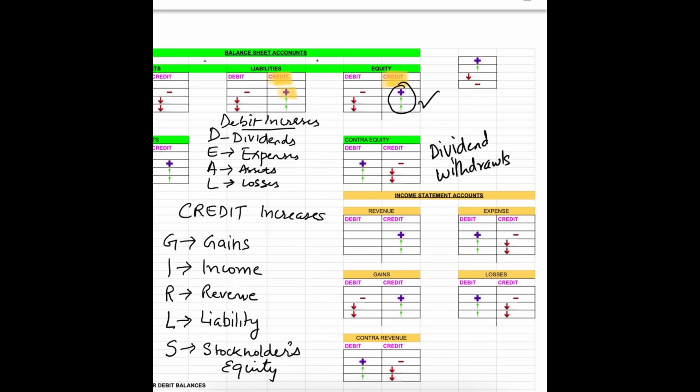All these accounts will have debit increases: dividends, expenses, assets, and losses. The accounts that have the increases on the credit side are gains, income, revenue, liability, stockholders' equity. Just remember these two mnemonics and you will be okay with these debits and credits.